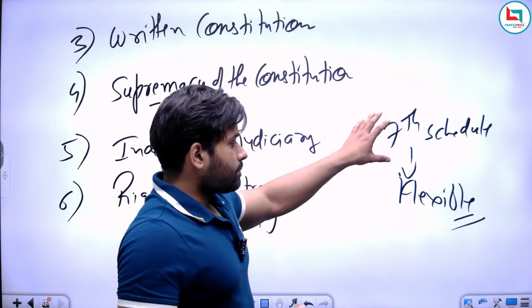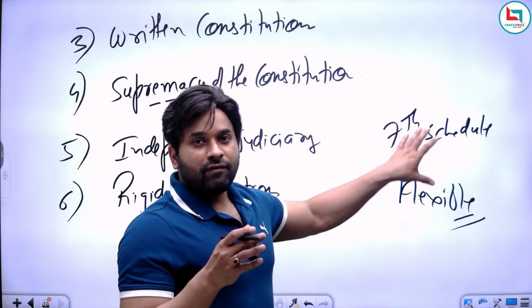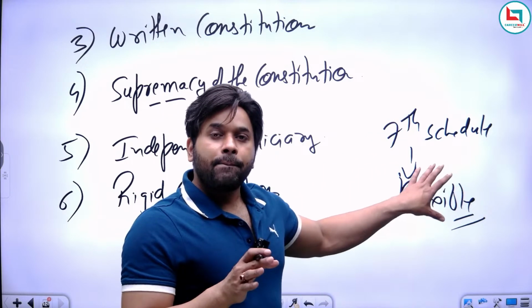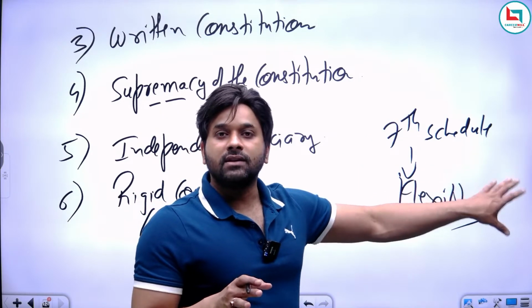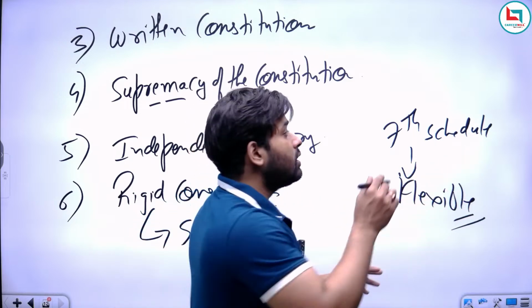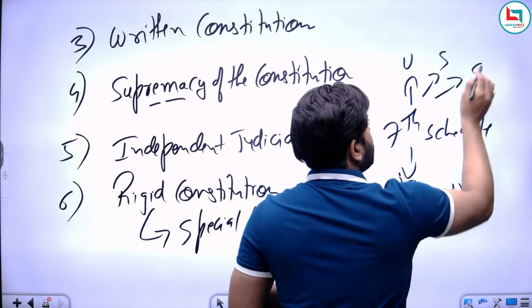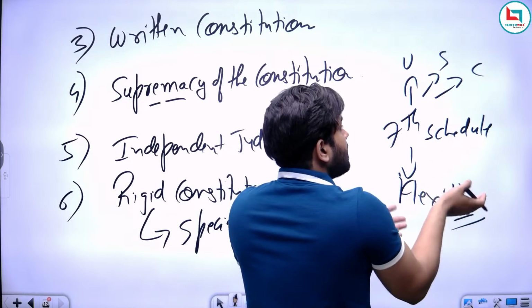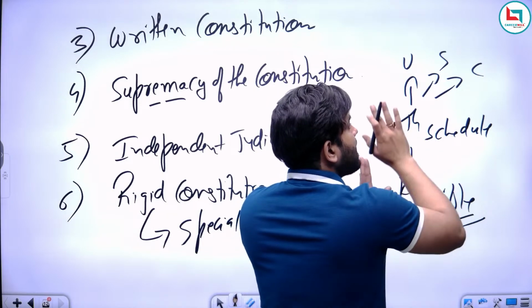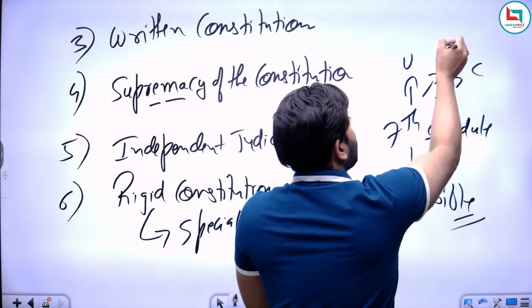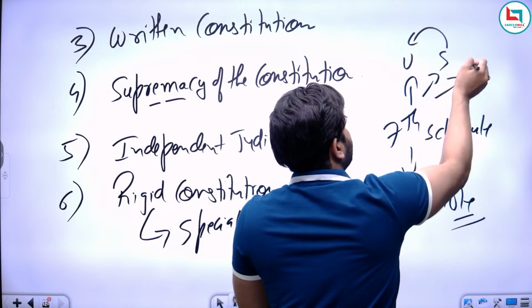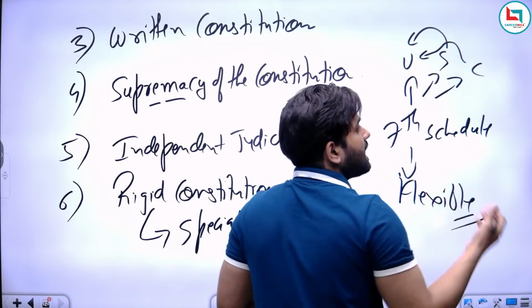So suppose the 7th schedule is flexible in nature. It means parliament can easily amend the 7th schedule, and in the 7th schedule there are a total of 3 lists: union list, state list and concurrent list. Now if it is flexible, what will happen? Parliament, by amending the 7th schedule, can merge all these 3 lists into one, and that will be the union list.